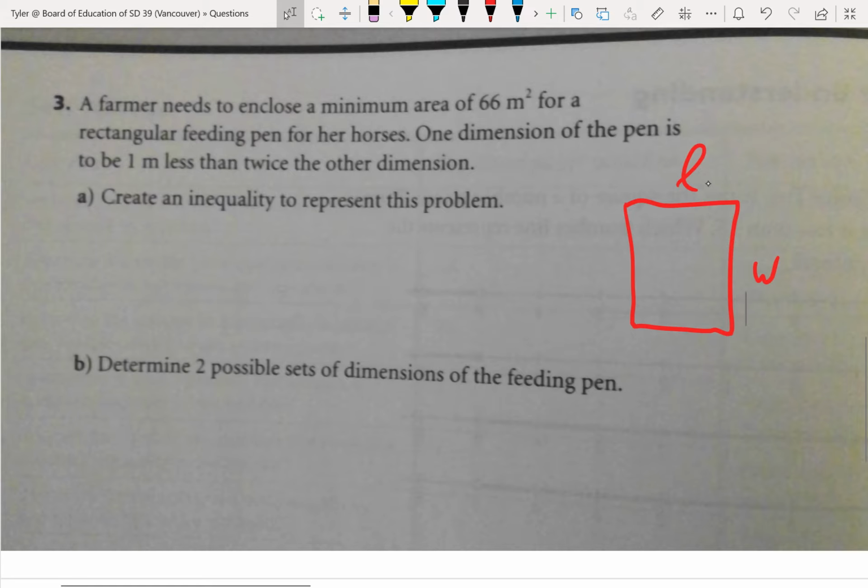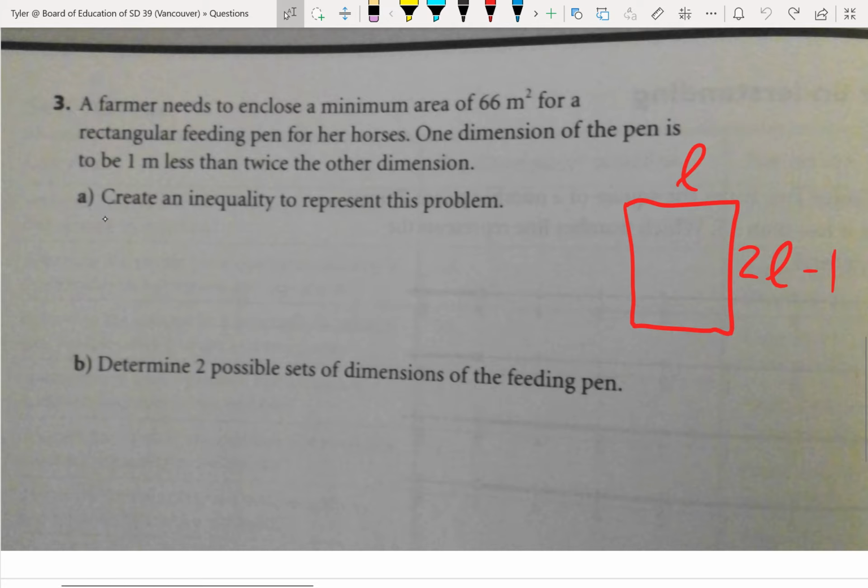The length is going to be, or sorry, the width, we're going to write as 1 meter less than twice the other dimension. So this side is the length, whatever it is. This side is double the length minus 1 to fit in with what it said in the question.